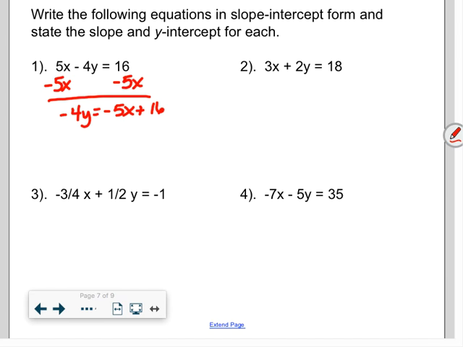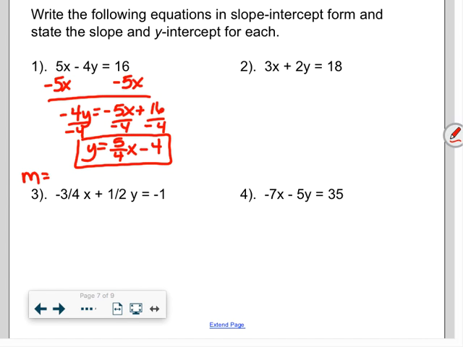I did the commutative property and switched the order. Then I'm going to individually divide. So I get y equals positive 5/4 x minus 4. So there it is, solved for y. And then m is 5/4 and b is negative 4.